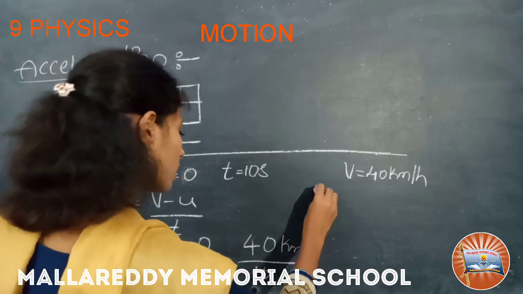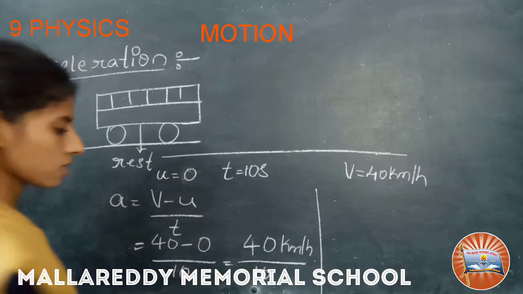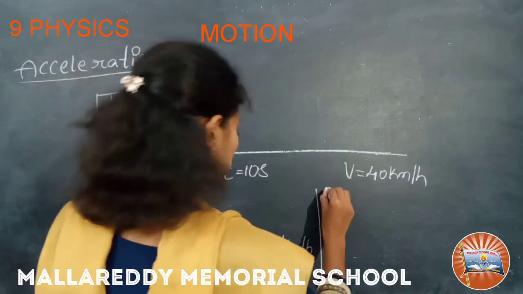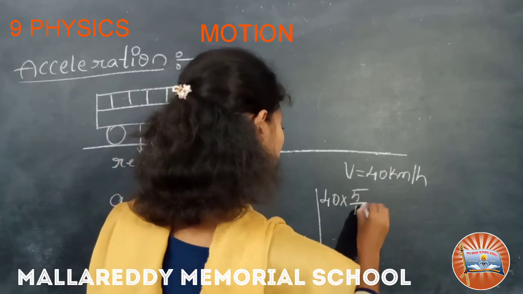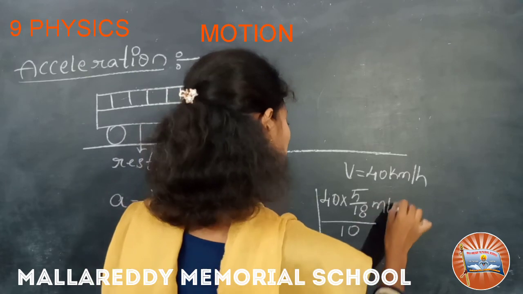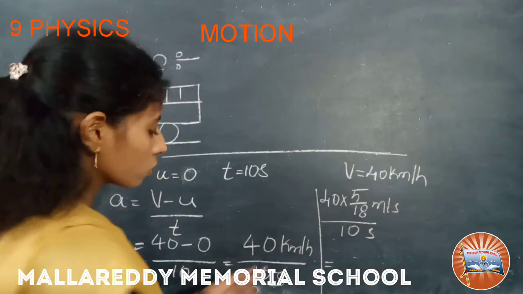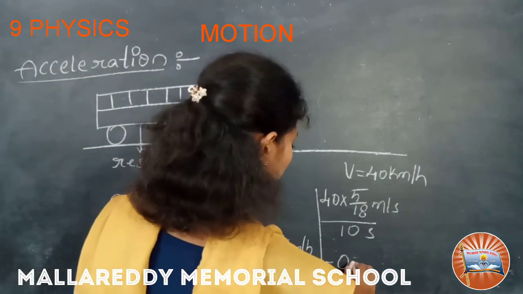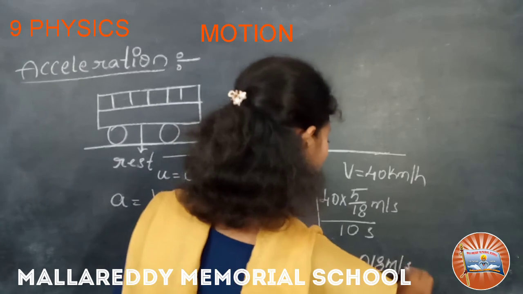Again we have to convert this into meters and seconds. So 40 into, we know the value, 5 by 18, by 10. This is meter per second and this is second. When we do this calculation, we get 0.018 meter per second square.